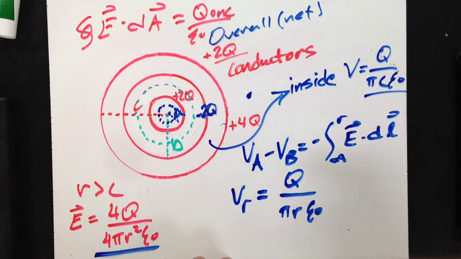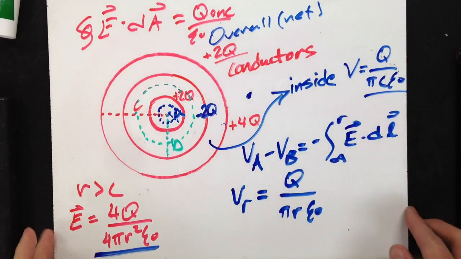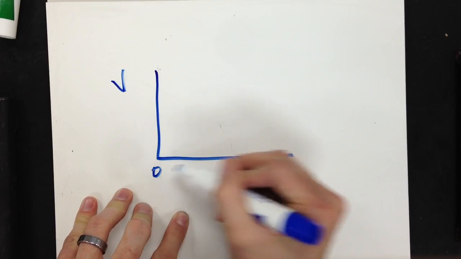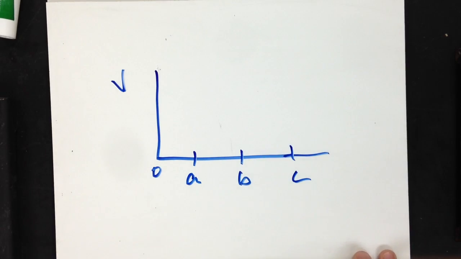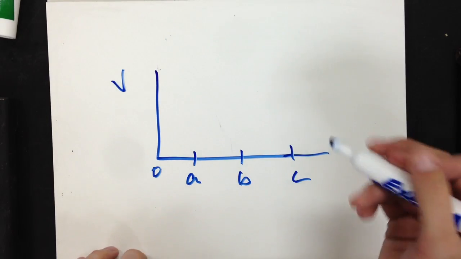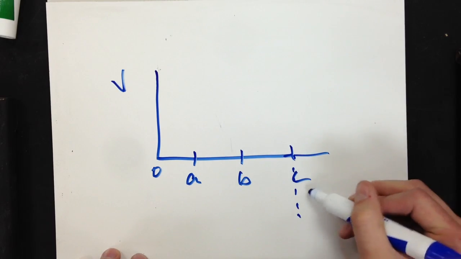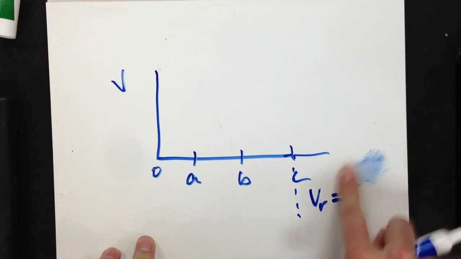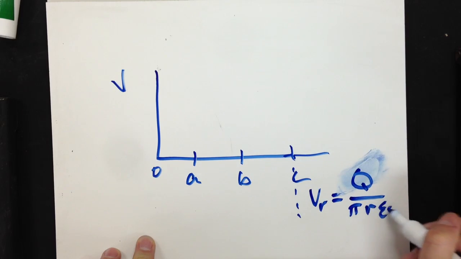Now, if I wanted to make a graph of potential versus distance for something like this, it would look like so. Let's say I'm going to graph potential, start at 0, go to A, go to B, and then go to C. Beyond C, I've got my potential being equal to Q over 4 pi R epsilon naught.